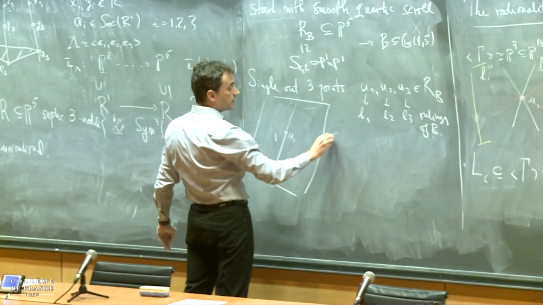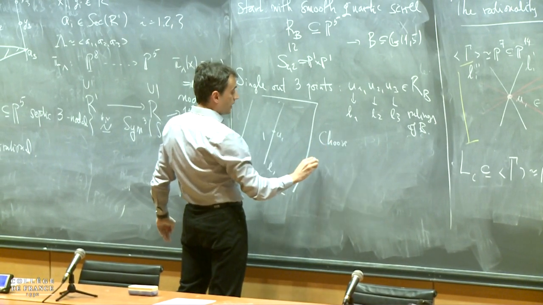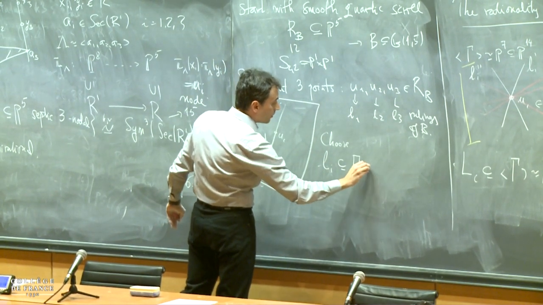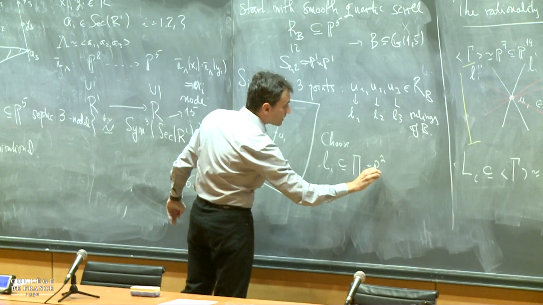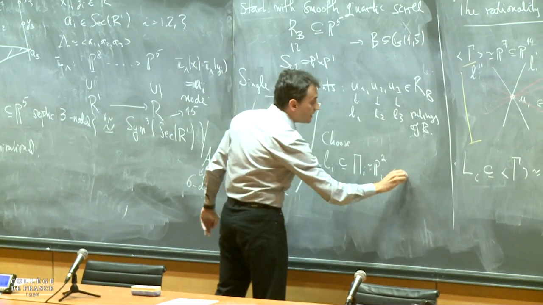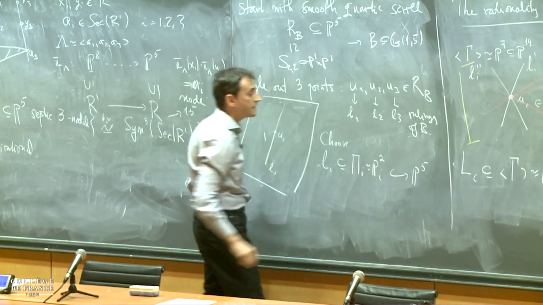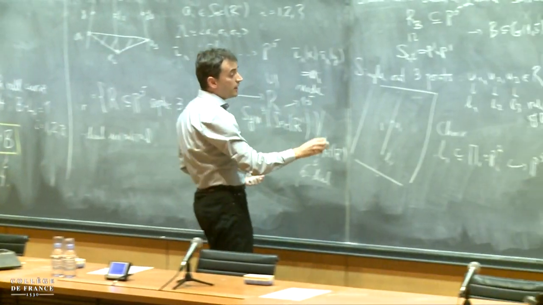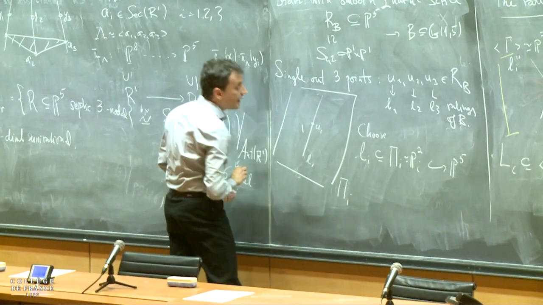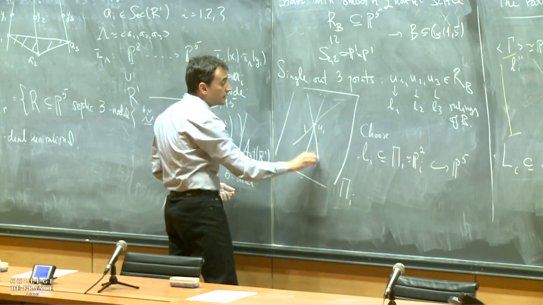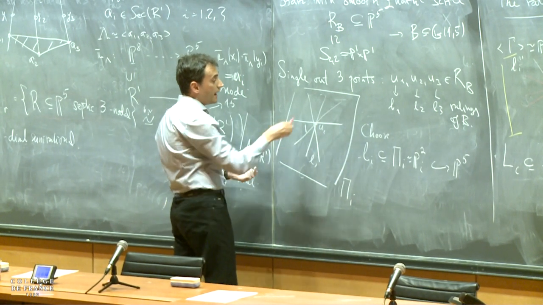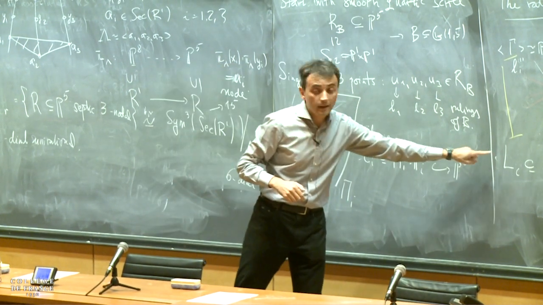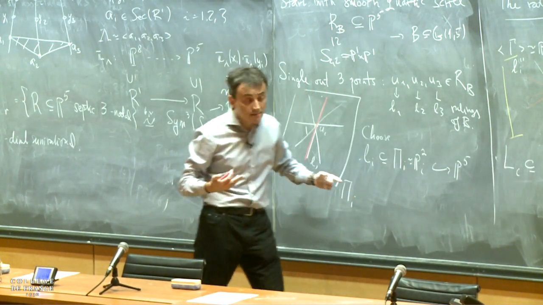So let's call this P2i, contained in P5, passing through these lines. And then with this gamma i, I can look at the lines passing through my point Ui, and then I will get the lines capital Li.